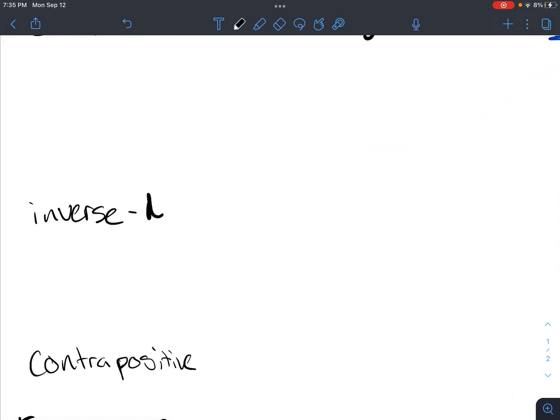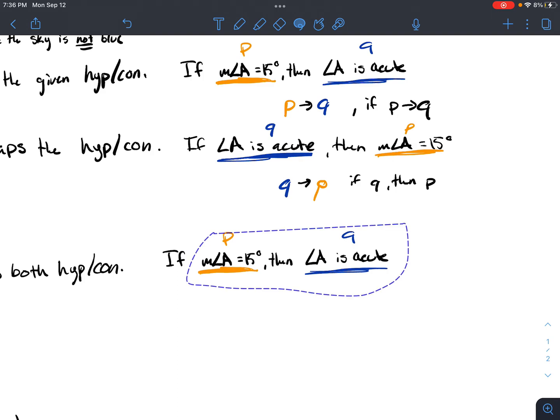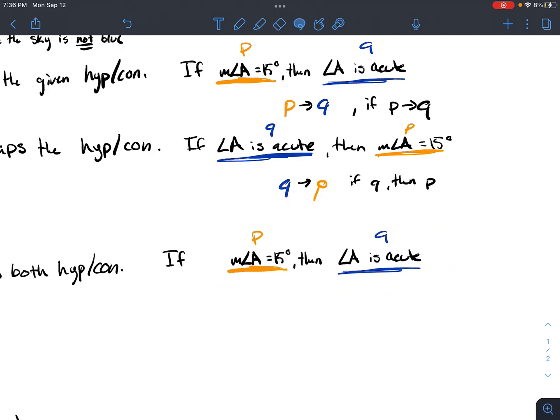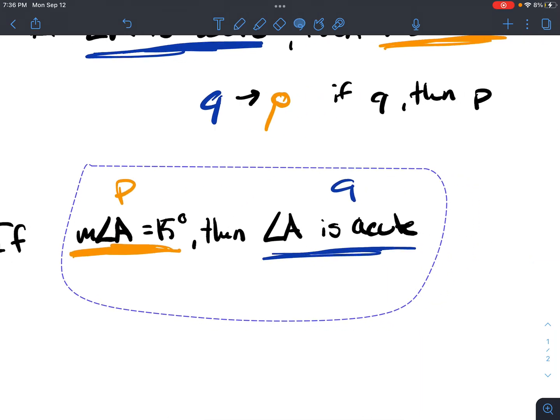So our inverse now, it negates both hypothesis and our conclusion. So what this looks like is we take our original and we're going to negate both of them. Well, we could do it like this.